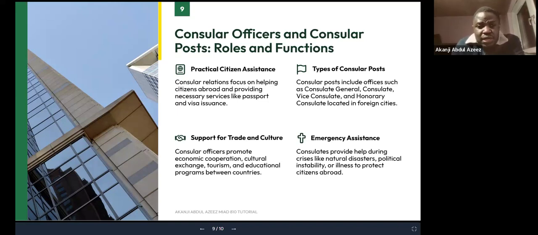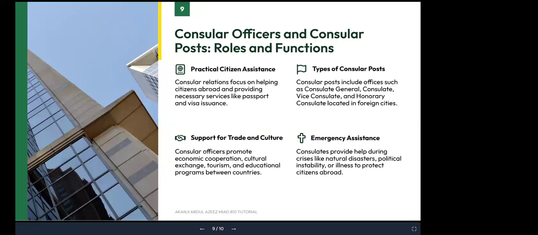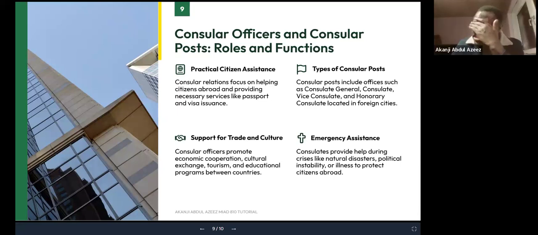Anybody, please? Kindly unmute your mic if you want to contribute. Nobody? The embassy. Diplomatic mission. Yeah, embassy. You can say our diplomatic mission or our embassies.